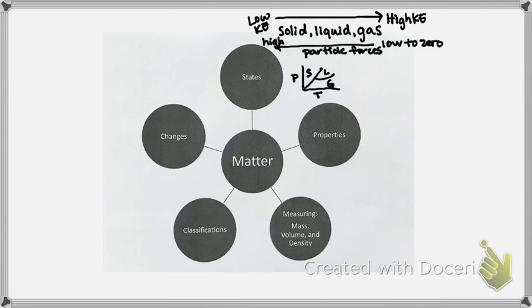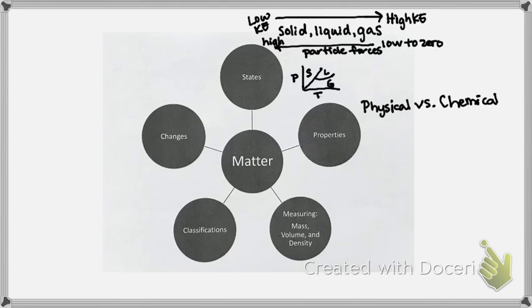Now, what else we covered in this unit was the properties of matter. Major categories of properties are physical properties, which are observable or measurable, and chemical properties, which are only observable through a chemical reaction. It will actually chemically modify the matter.